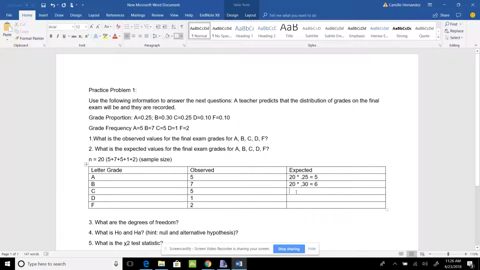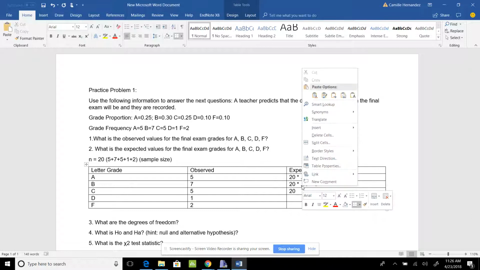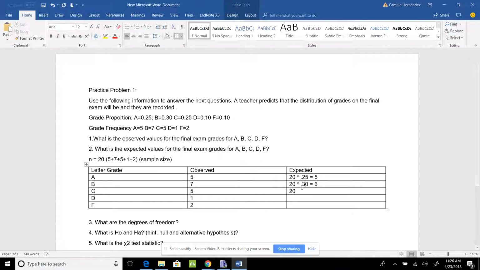And then the next one is 20 times 0.25 to give me 5. And 20 times 0.10 to give me 2. And the same for F, 20 times 0.10 to give me 2.